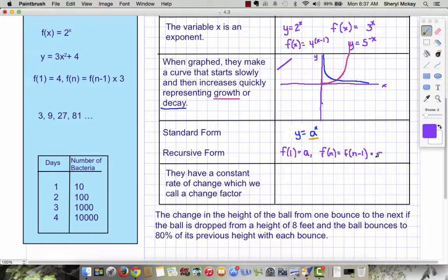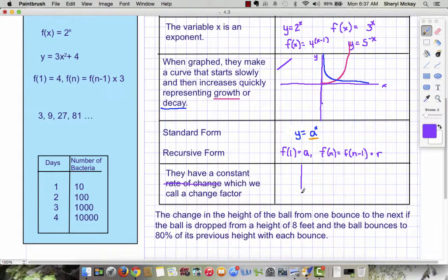All right, so the last thing that I want to talk to you about with exponential functions is that they have a constant rate of change, but this time it's not a constant difference, it's a change factor. So we actually are not going to call it a constant rate of change. We're going to say it has a constant change factor. All right, and I'm going to show you what I mean by that.